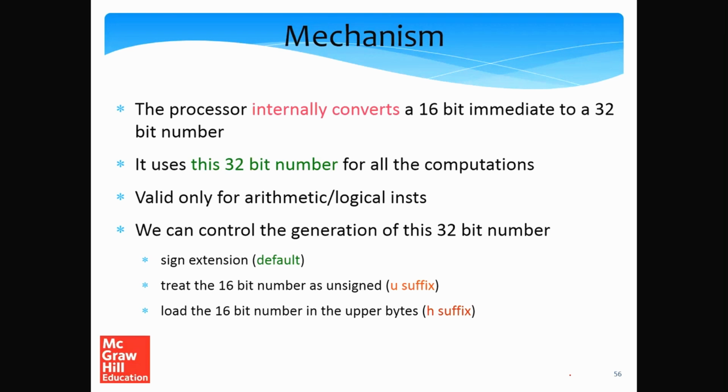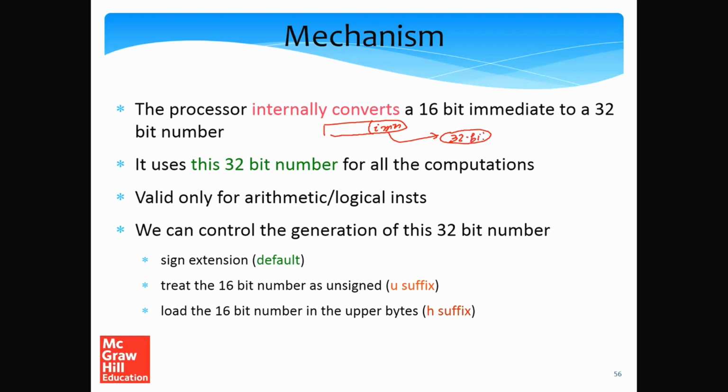So what is the mechanism? The mechanism is that when an immediate is specified in an assembly instruction, the processor will take the immediate and put it in an internal register which is not visible and convert it into a 32-bit number. So essentially the immediate is part of the assembly instruction. This immediate is taken by the CPU and it is converted to a 32-bit immediate.